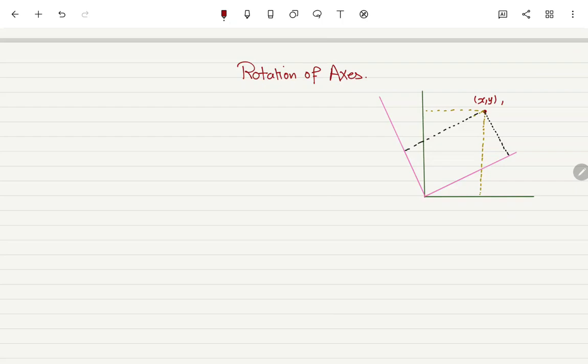Now let's define rotation of axes. For simplicity, let's define rotation of a two-dimensional Cartesian system as we can see in this figure here. Now the original coordinates are x and y.